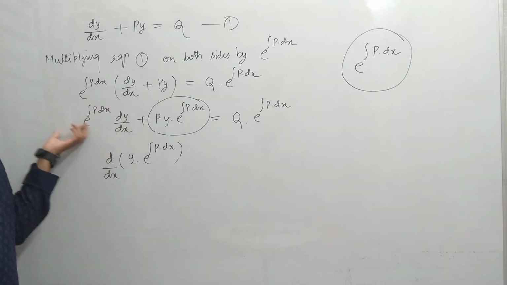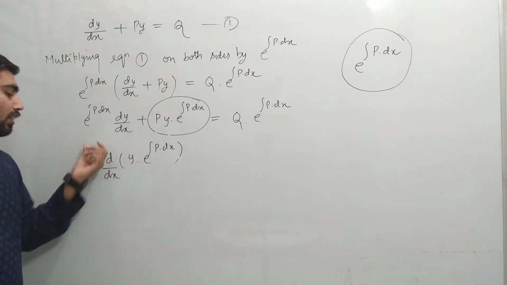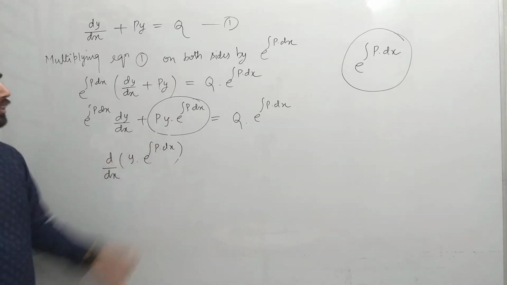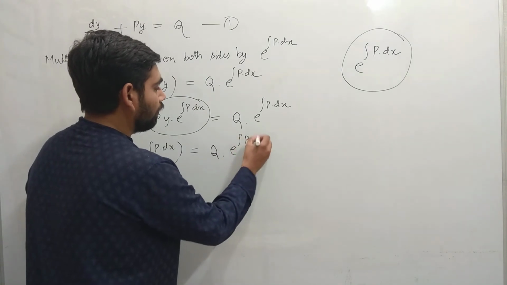So these two terms add up to form an exact differential, d over dx of y into e to the power integral P dx equals Q e to the power integral P dx.